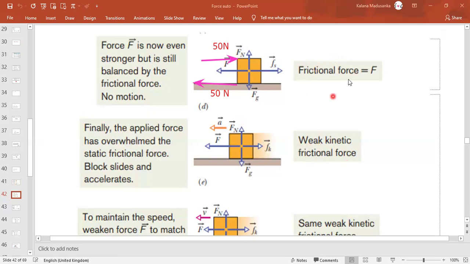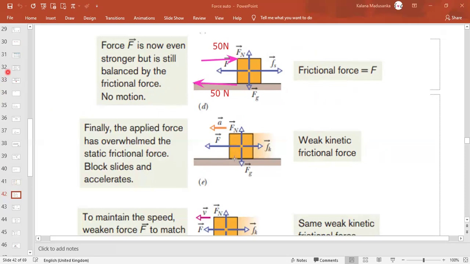Now the static frictional force becomes kinematic or kinetic friction force. Kinetic means if any object is in motion, we call that it is in kinetic condition. If it is not moving, no motion, it is static. That is why it is called static friction and kinematic friction or kinetic friction.